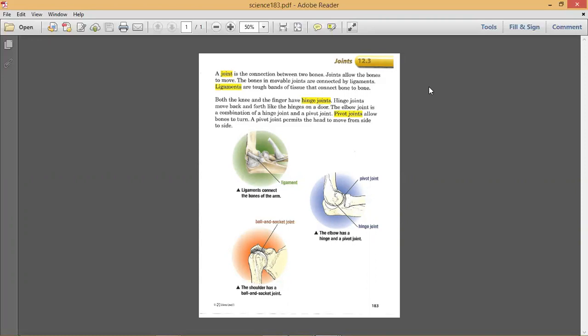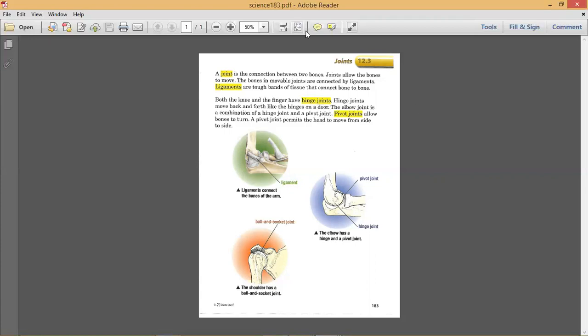Now this time, if you move your upper arm out around a circle, okay, this is made possible by another kind of joint. So that joint in your shoulder is called a ball and socket joint, okay, because one bone has a rounded end that fits into a cup-shaped part on the other bone.